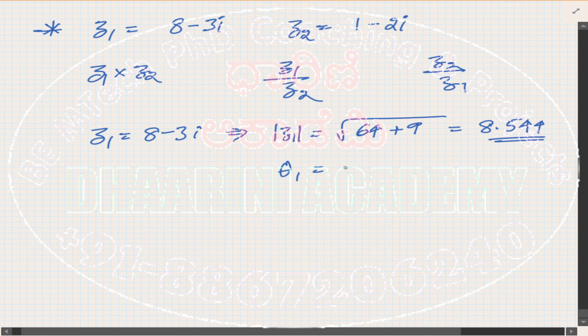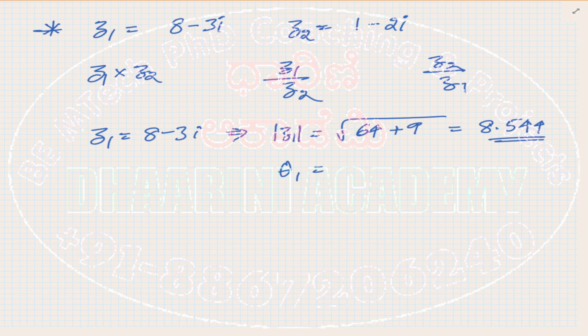Let's calculate theta 1. As per the rule, I can see that 8, x is positive, y is negative, right? So this has to be in the fourth quadrant.